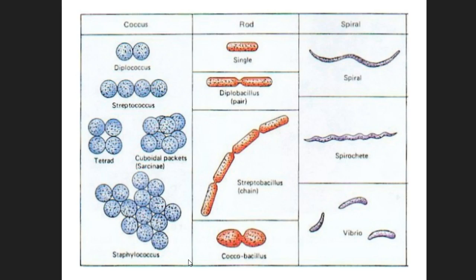Then you have these rod-shaped cells or bacillus cells. And finally, you have spiral cells, which look like these ones over here. These are super cool to look at under a microscope. But these are the three basic forms that bacterial cells can take on and can help you identify what bacteria it is that you're looking at.